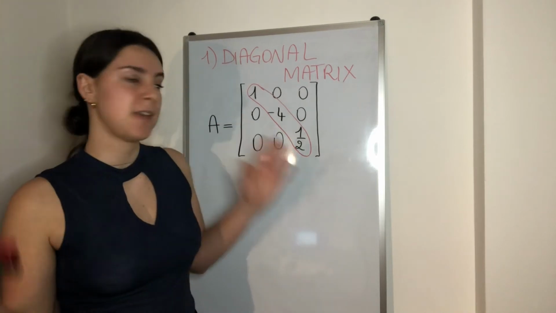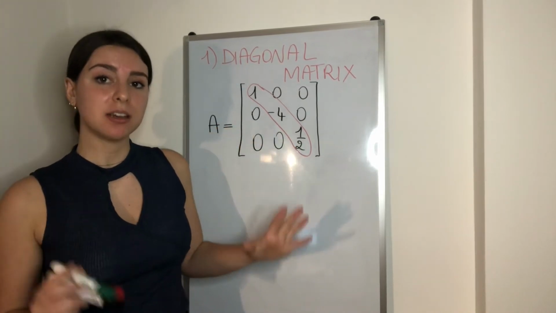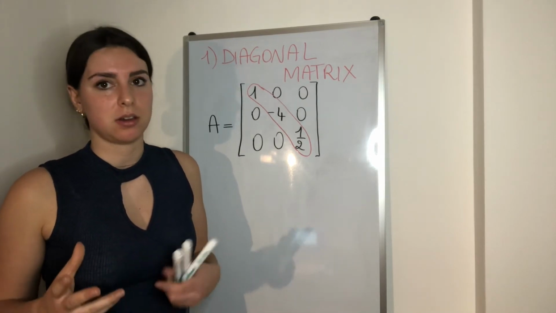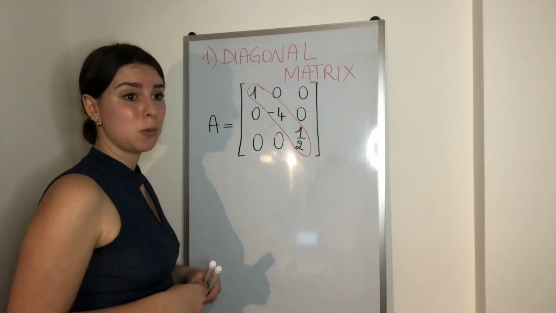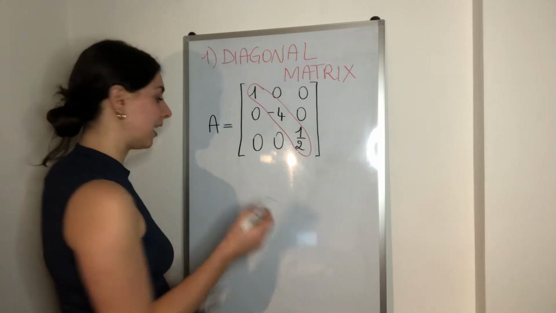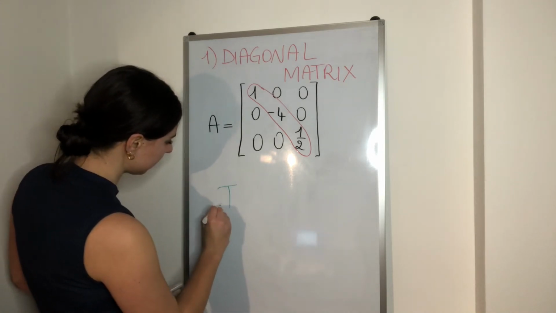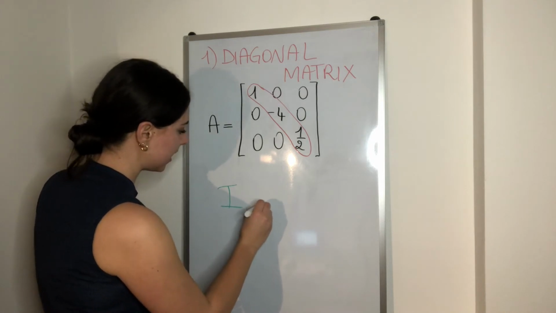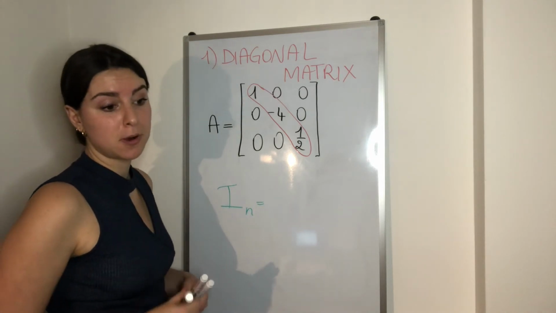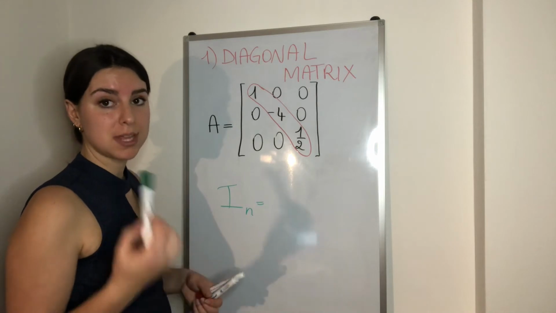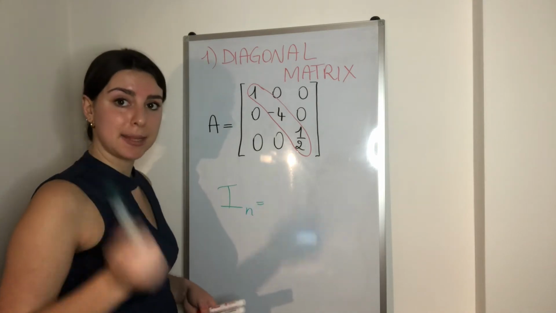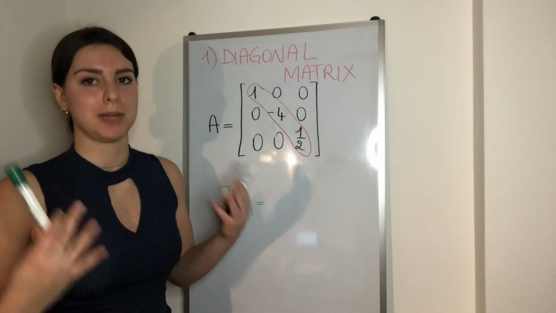In the family of the diagonal matrix, we have then another type of matrix. We usually call it I for identity, and the N stands for the number of rows and the number of columns, because again, let's keep in mind we're talking about square matrices.